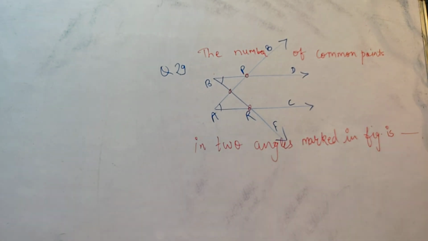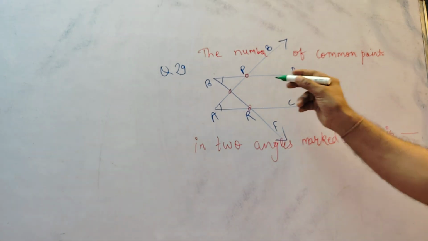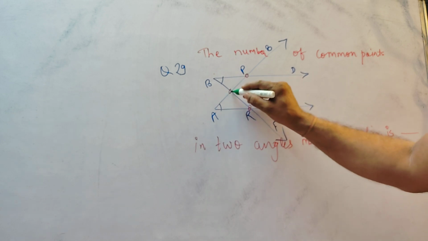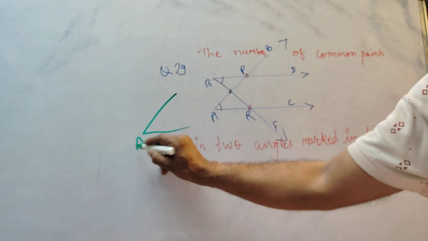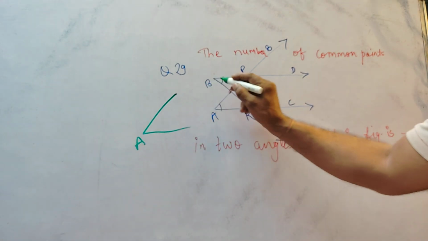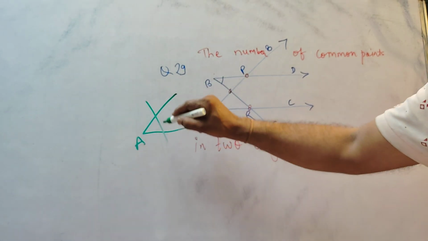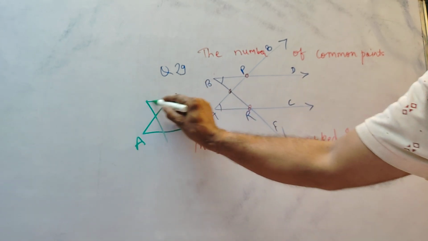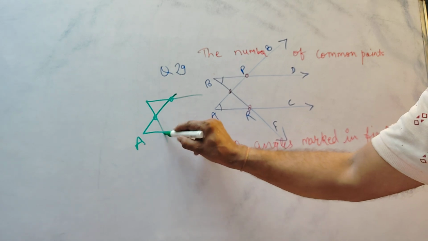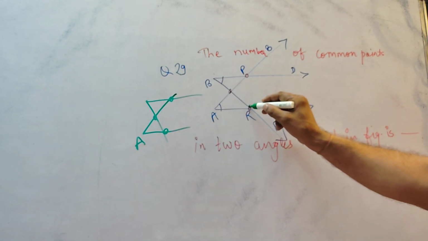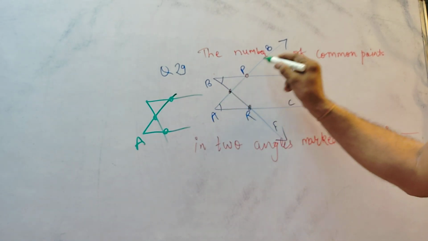So how many common points? I think the previous one was not correct. So how many common points in this figure? These are the intersecting points. The first angle is this one that starts from A. Another angle starts from B, that is this one. They are intersecting here, here, here. So three common points.